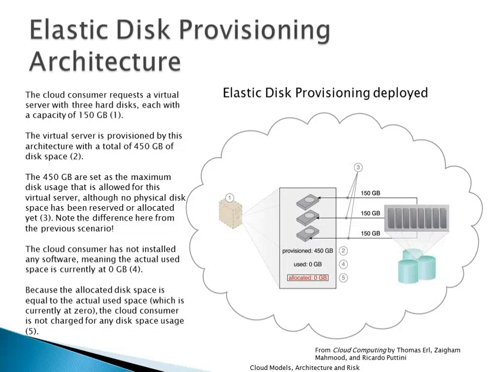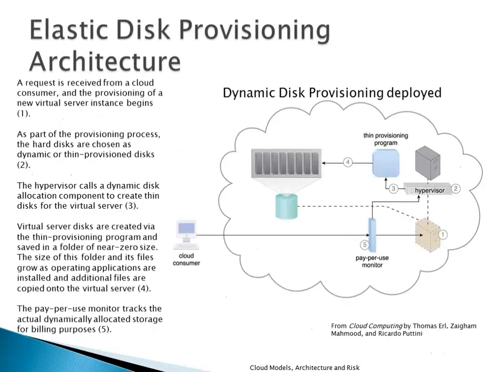We haven't installed any software, so even though we've provisioned 450 gig, we've used 0 gigabytes, so allocated is actually 0 gigabytes. Because the allocated disk space is equal to the actual used space, we're not charged for disk usage until we start to put some storage there. Then we'll be charged for precisely what is there. So that saves you some money immediately, right? You look at elastic disk provisioning.